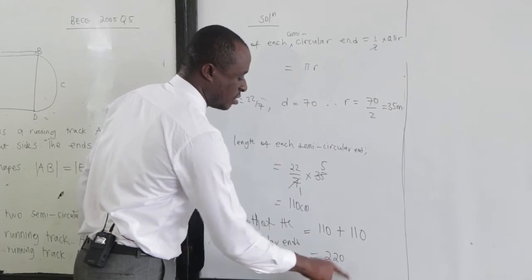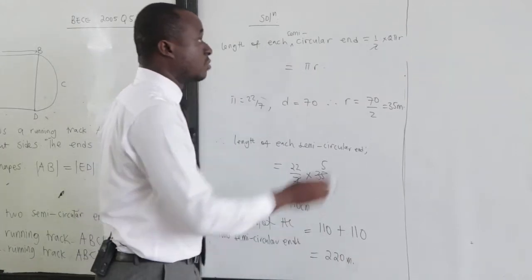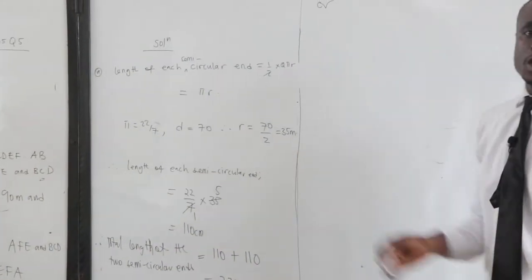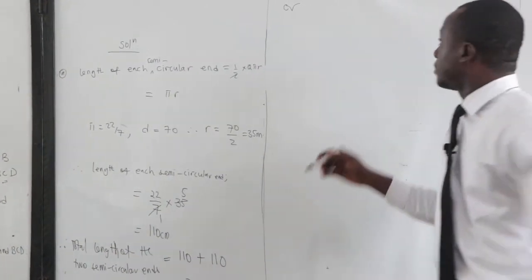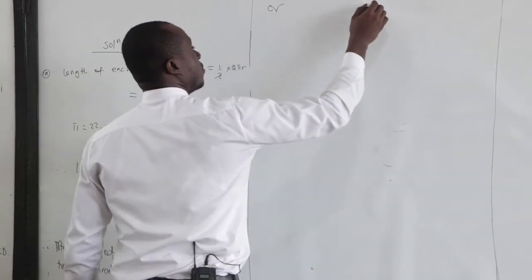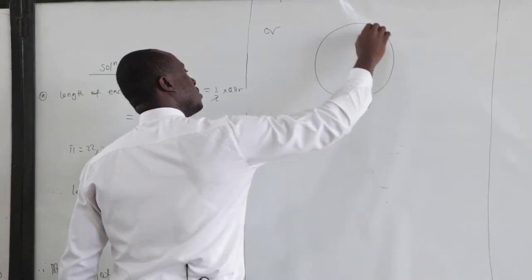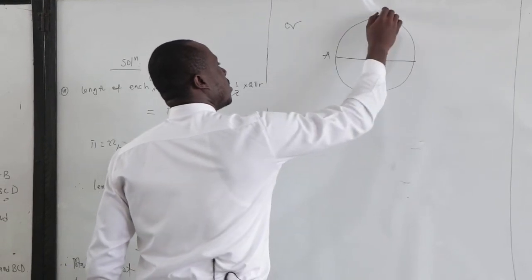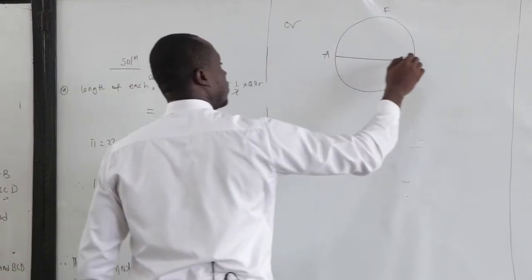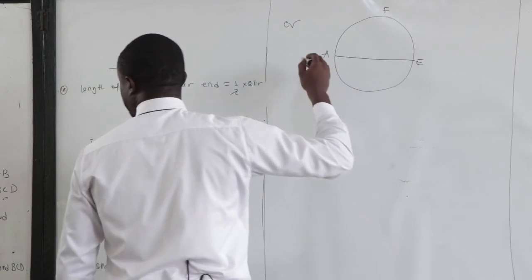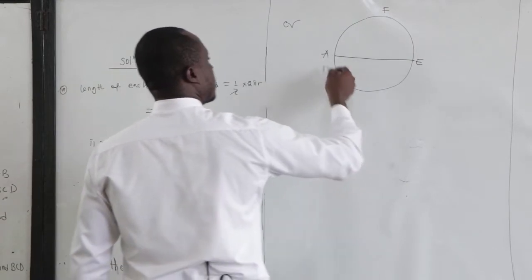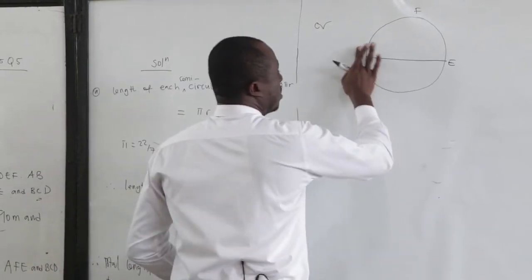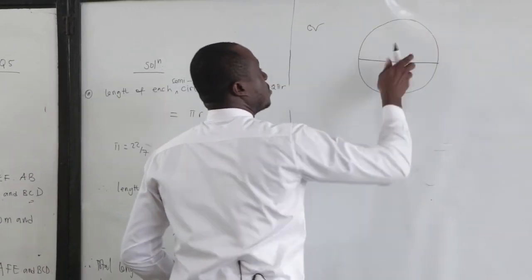Either this way, or the two semicircular ends will form a circle. So we have a complete circle. This one can be AFE and then this side is also BDC. So you can consider it as a full circle.